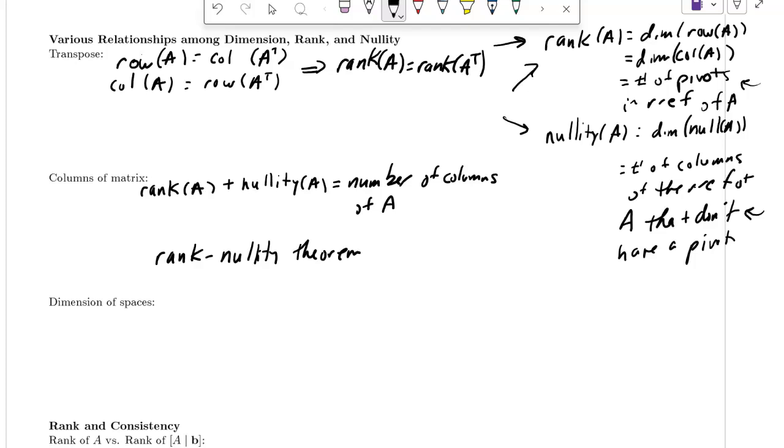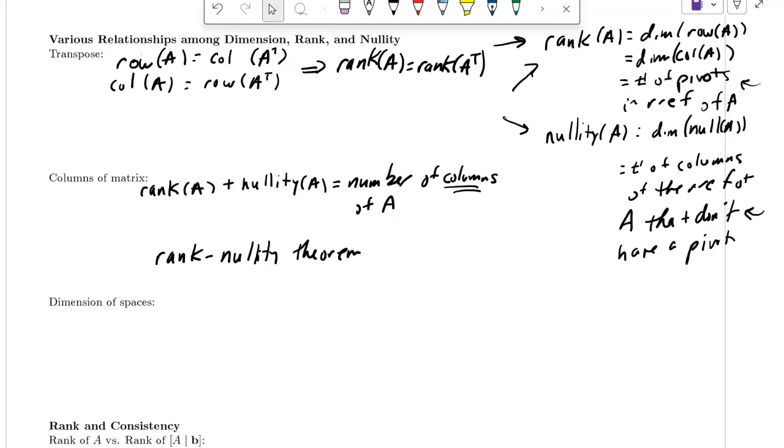The important part to remember here is that it's the number of columns of A, not necessarily the number of rows of A. The rank is the number of pivots, and it doesn't matter when you count pivots whether it's columns or rows. Because if you get a pivot in a column, you have to stair step.